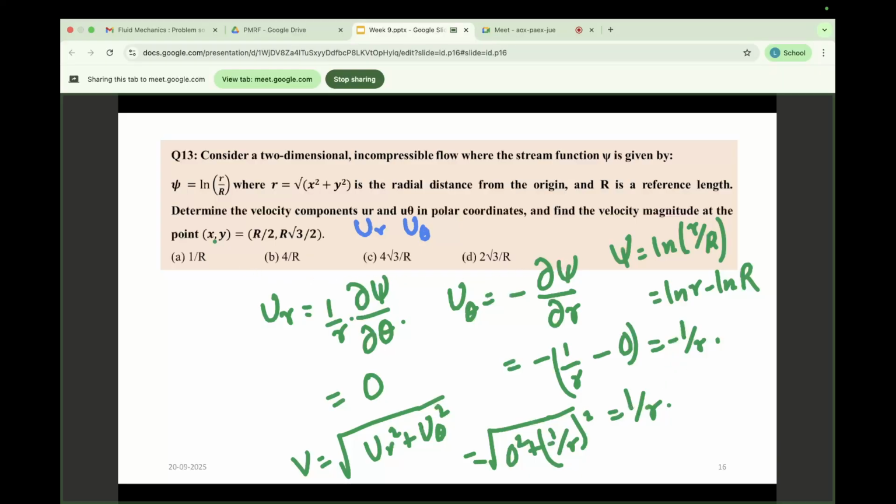But a point is given where x and y are r by 2, that means x is r by 2. Just a minute, let me check this.